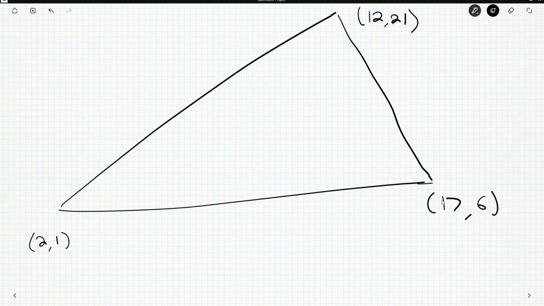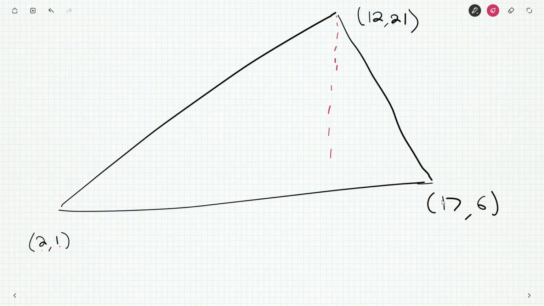Okay, how are we going to count lattice points here? Well, how do these lines work? To go from (2, 1) to (12, 21), we go over by a distance of 10 and up by a distance of 20.